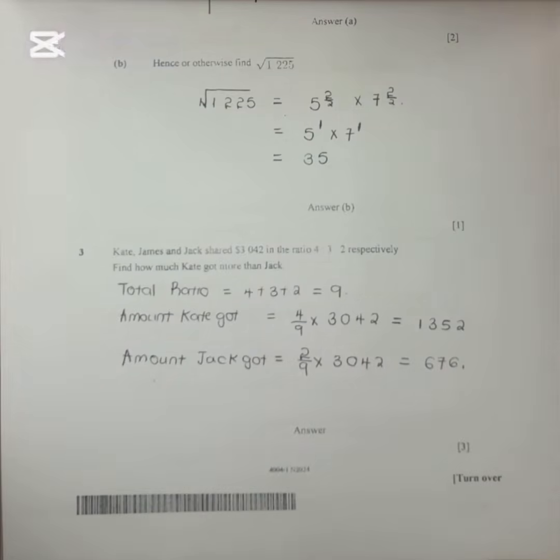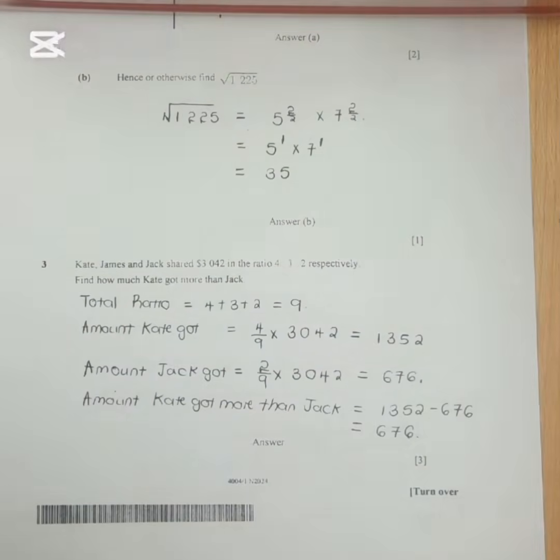So for the amount that Kate got more than Jake, we say 1,352 minus 676, and our final answer is 676. So this was the complete solution for number 3 that was in November 2024.